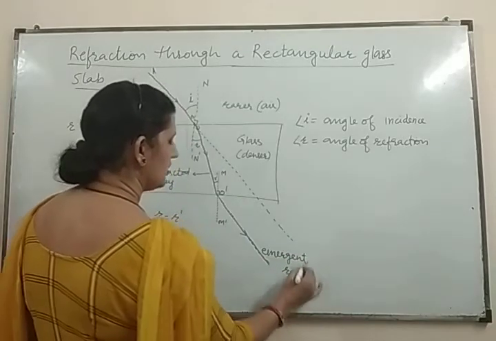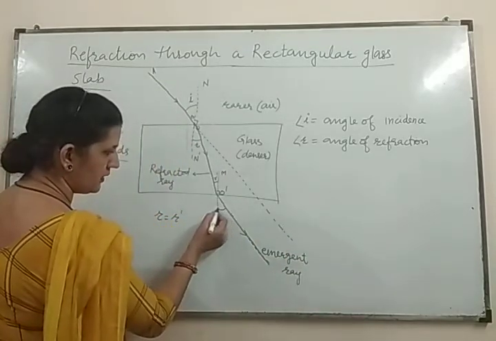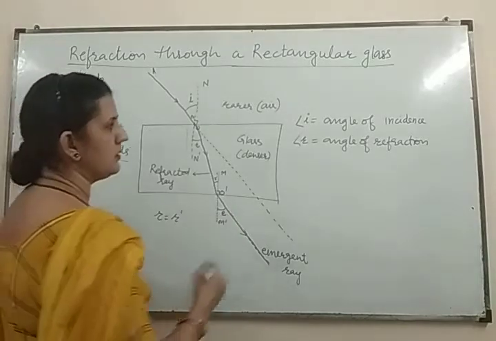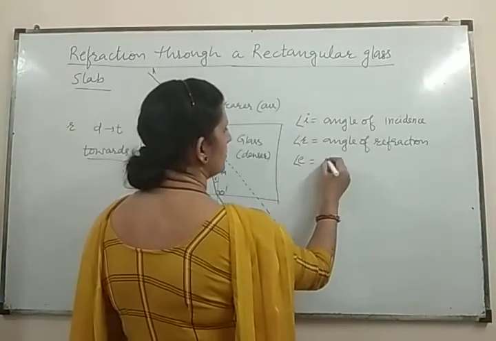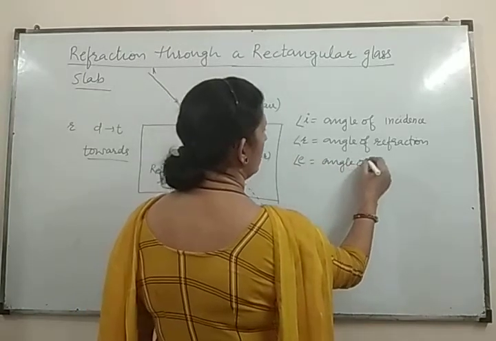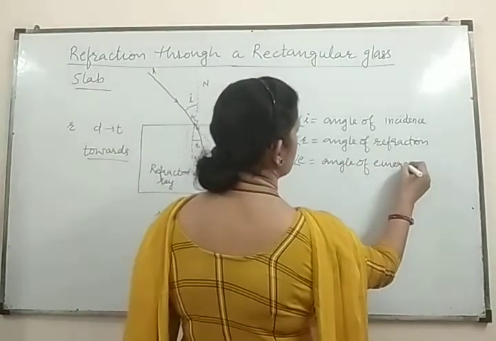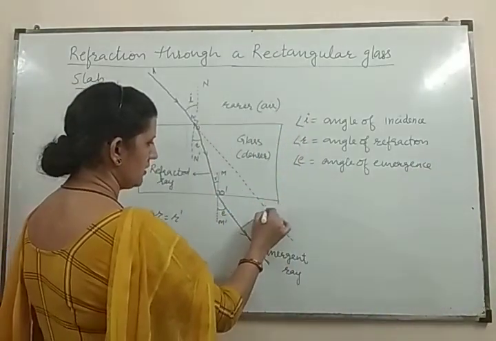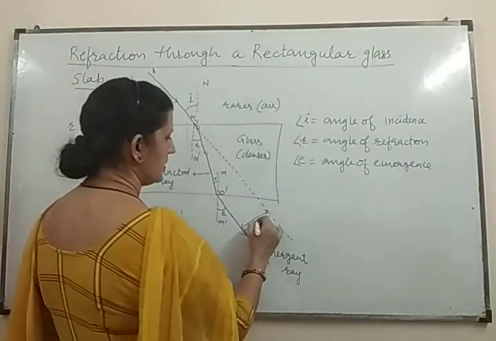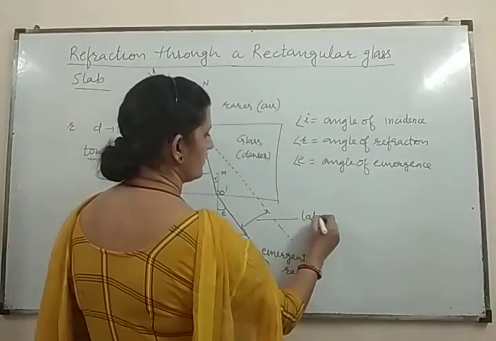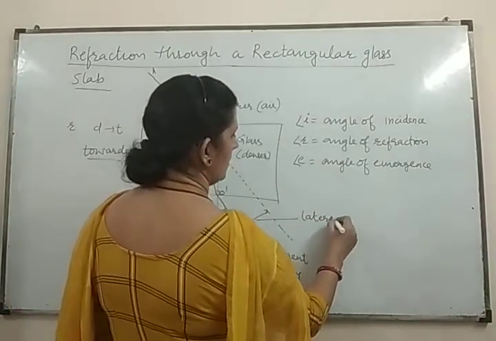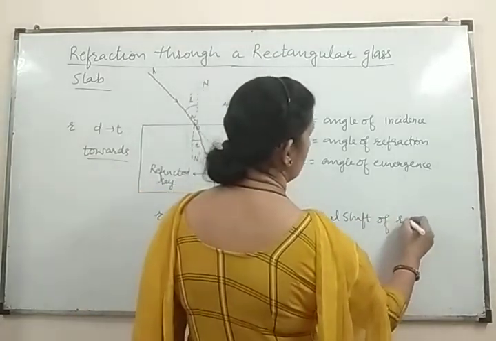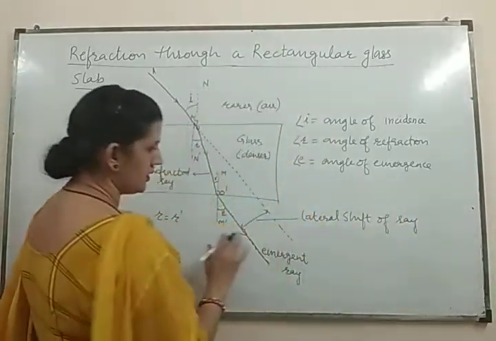And the angle made by this emergent ray with the normal is denoted by E. So angle E is equal to the angle of emergence. This is known as the lateral shift, the lateral shift of the ray from the incident ray.